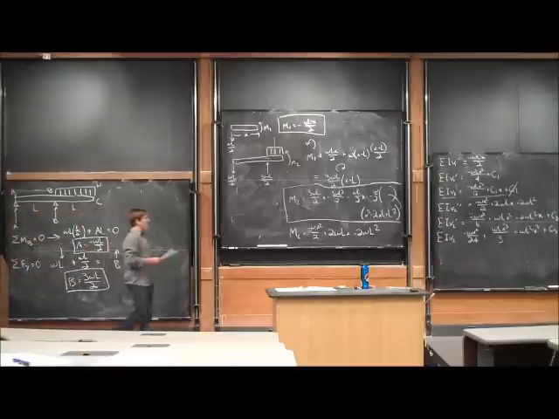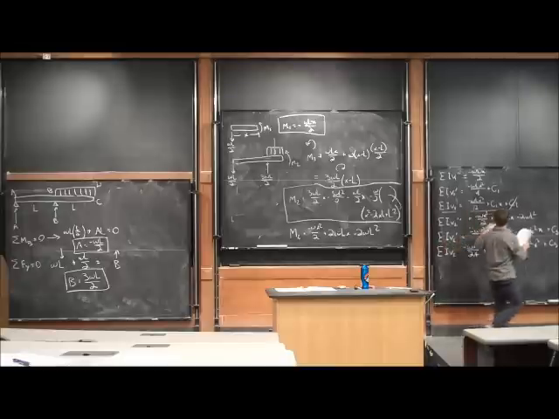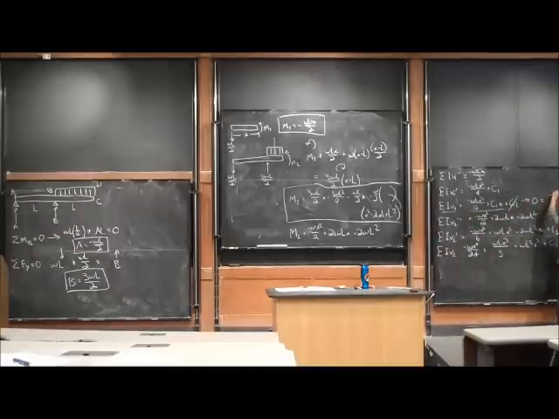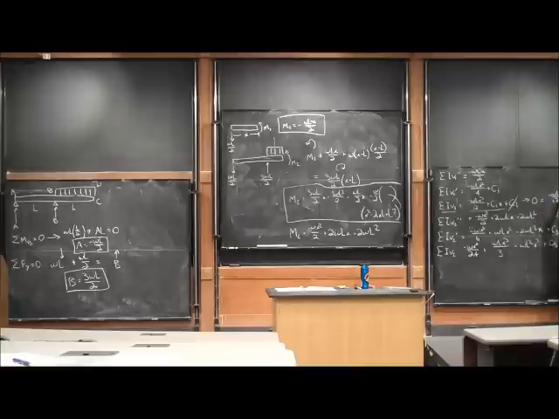So we can apply that boundary condition to our simplified equation. We see that 0 is going to be equal to negative WL to the 4th over 12 plus C1 times L, which means that C1 is equal to WL cubed over 12.